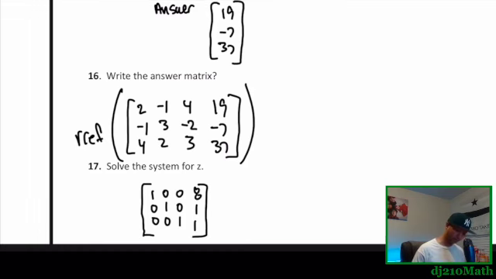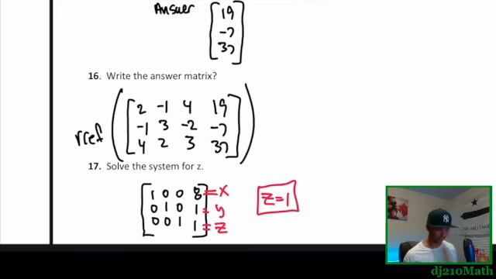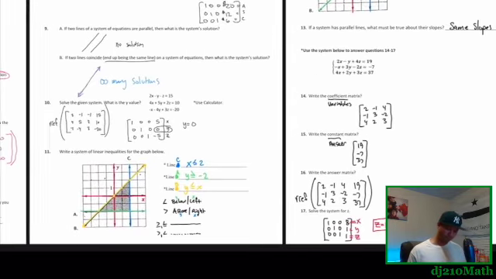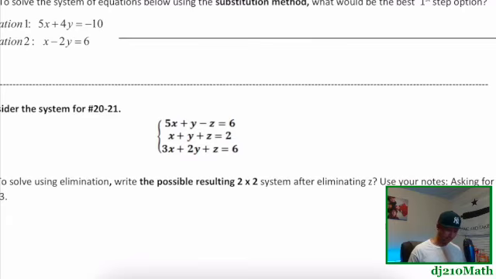Okay, so our answers are X equals 8, Y equals 1, Z equals 1. So Z equals 1 is our final answer. Solving for Z. Okay, last page, let's go.